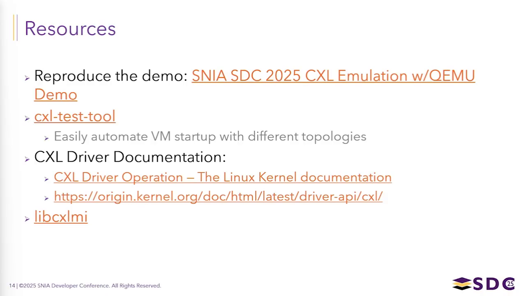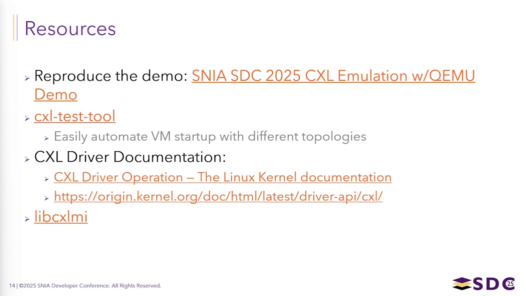But because I wanted to keep the number of extra dependencies you need to a minimum, the guide just has the raw commands and the scripts. So the steps in this guide are going to be a little bit different than you might see in the video, but CXL Test Tool basically just packages those scripts that you would run into a single command, but beneath it all, it's all the same thing.